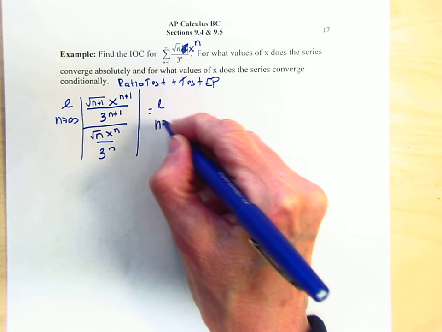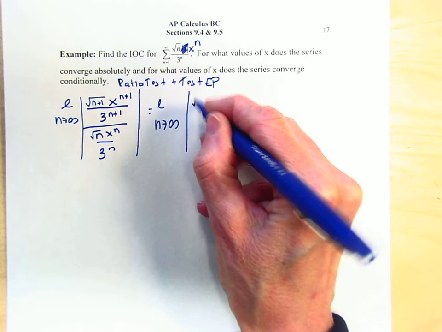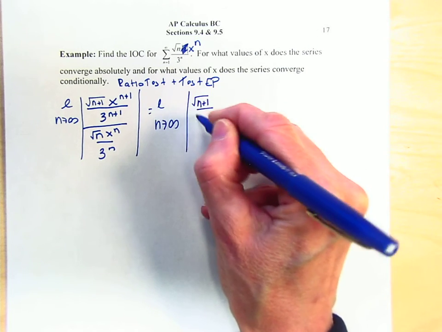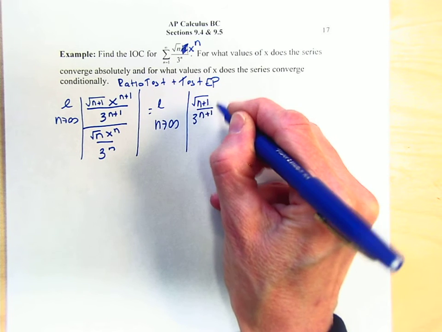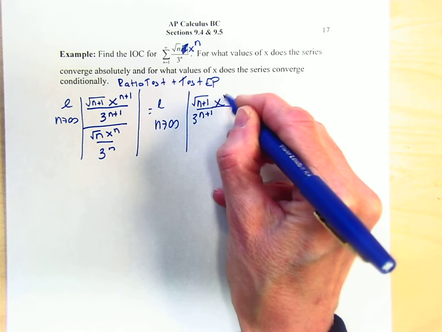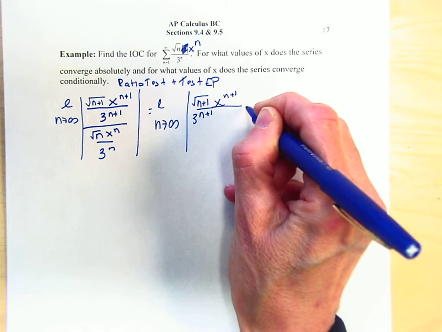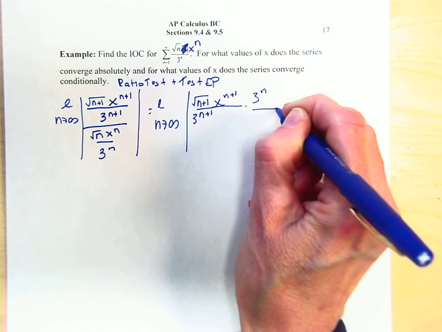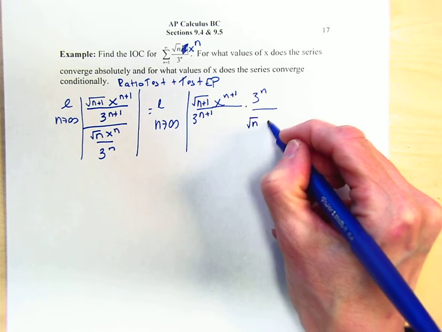Flip the guy. Square root of n plus 1, 3 to the n plus 1, x to the n plus 1, times 3 to the n all over the square root of n, x to the n.